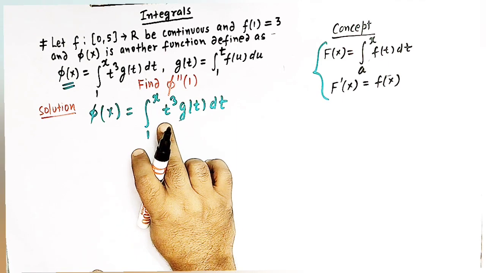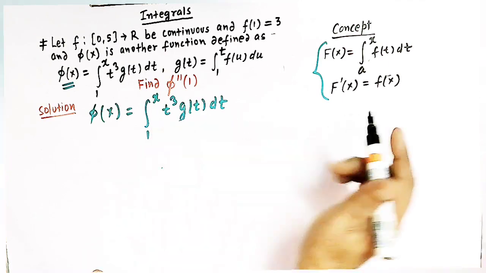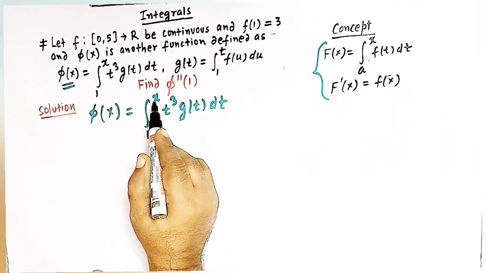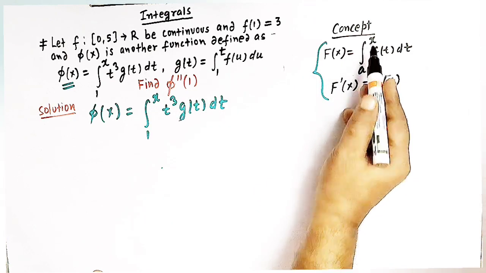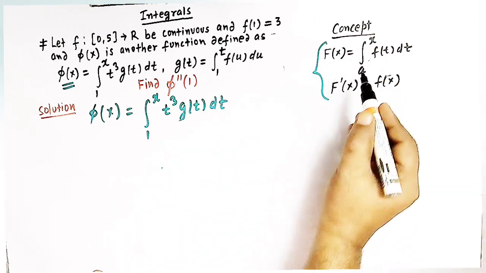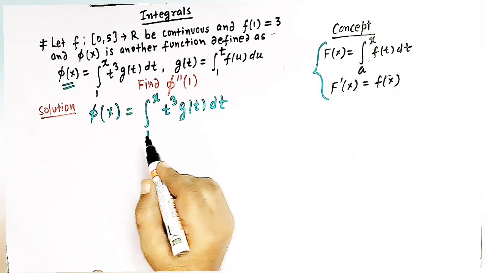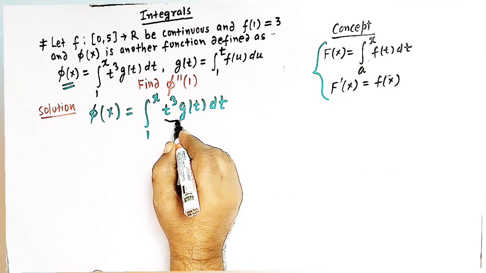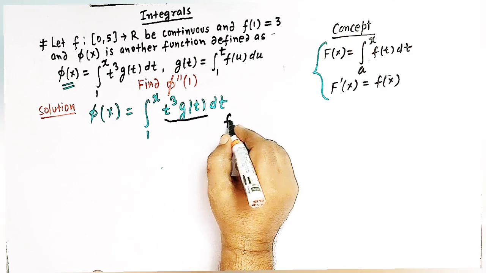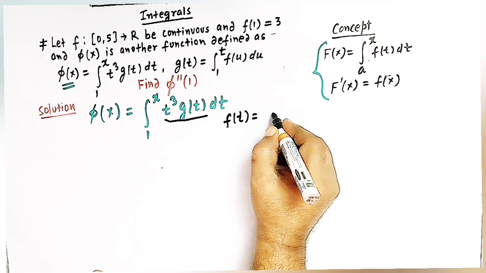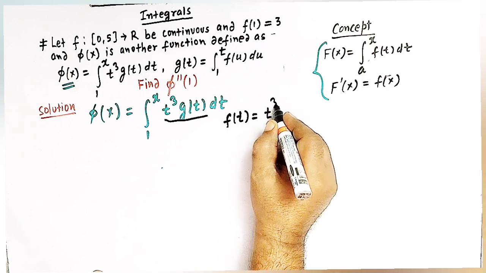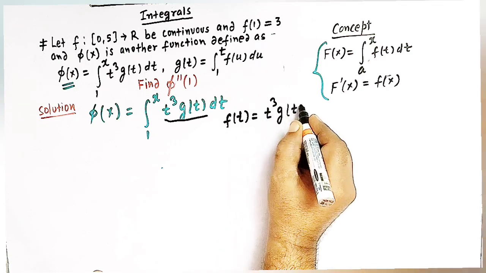Now let us compare this integral with this one. Here we have x, here also we have x, and here we have 1, here we have a. So a can be taken as 1, and this function can be taken as f of t. So f of t is t cube g of t.